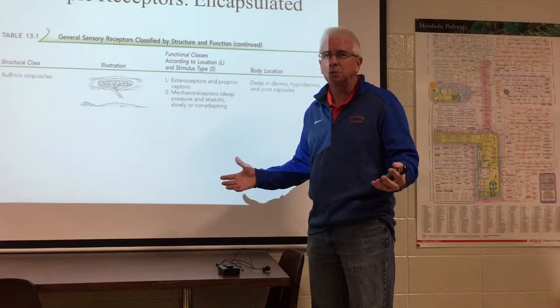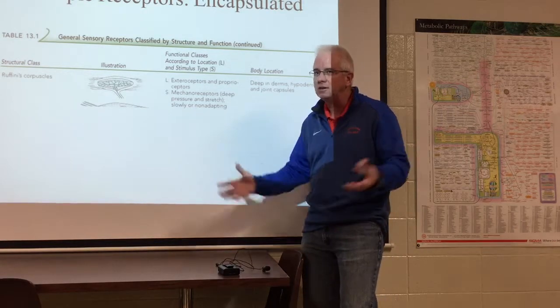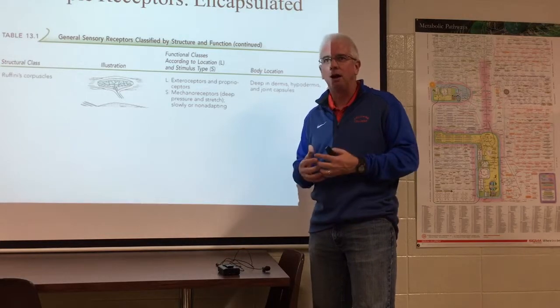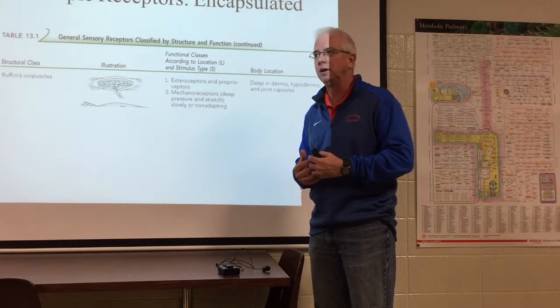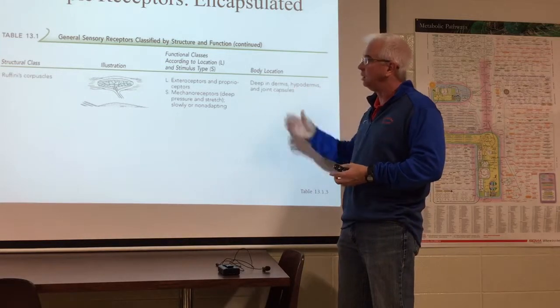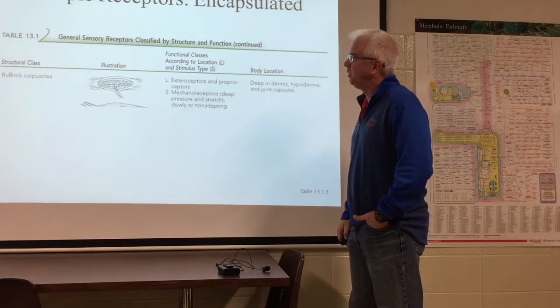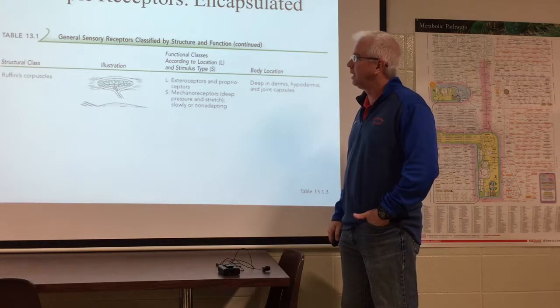They'll quit sending action potentials after a while. The Ruffini's corpuscles don't. They will continue to give you information about what is being touched on your body. So they play different roles, and I would like for you to know where they are. Ruffini's corpuscles tend to be deeper in the dermis. The shallow ones are the Meissner's.